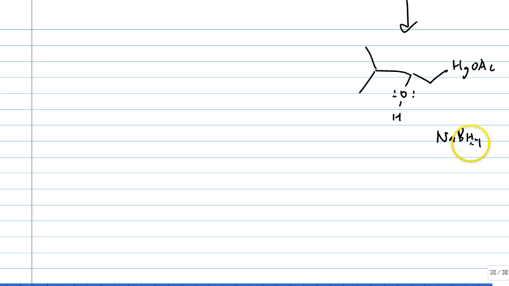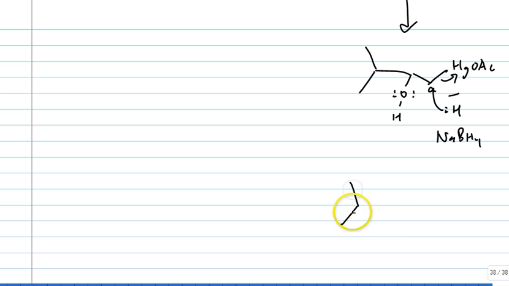These hydrogens are actually hydrides. This is called sodium borohydride. So hydrides are kind of like this, with a minus charge. So it's going to come into that carbon right there, and the mercury is going to leave. All you have to know is it replaces the mercury with the hydrogen. That's the last step.